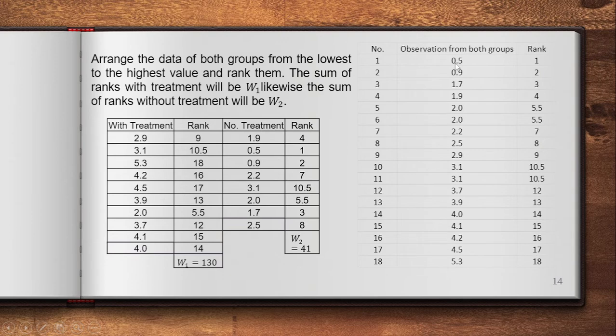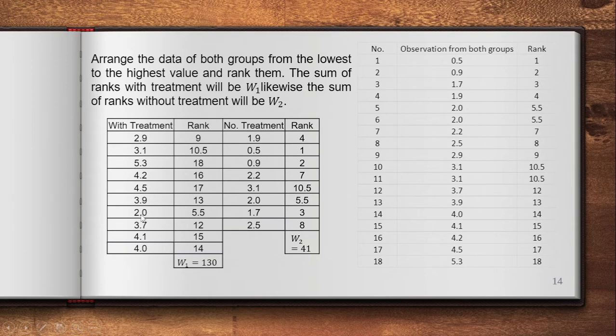0.05, nakasali po siya sa no treatment. And no treatment, yung 0.9, 1.7, 1.9, 2.0. So, in this problem, meron pong 2.0 sa no treatment and 2.0 sa with treatment.